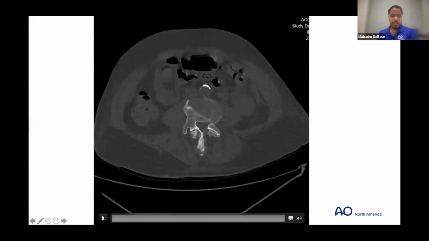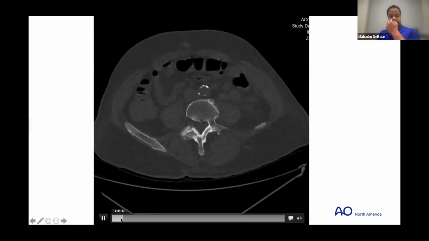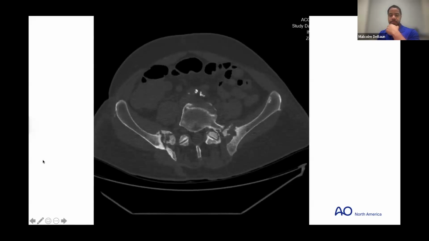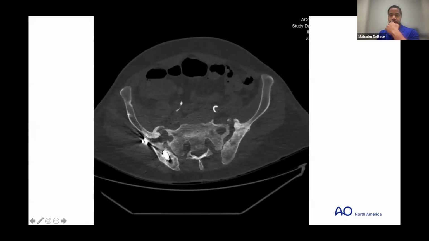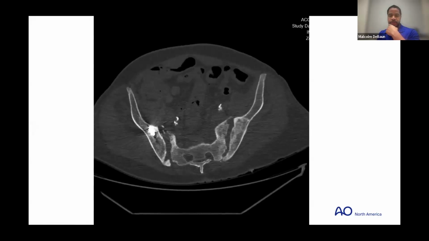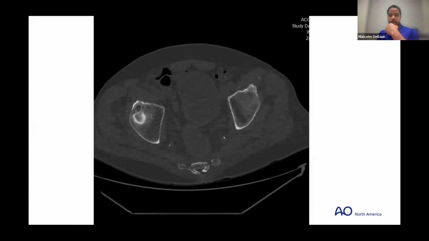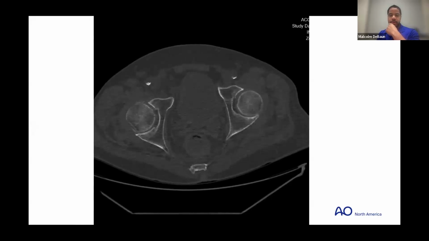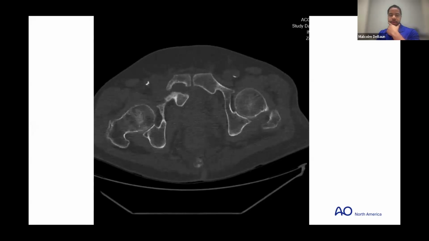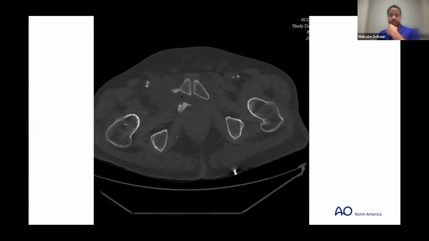And we'll roll through his CT scan here for everybody to get acclimated. So some pretty severe bone destruction and instability globally around the pelvis with an anterior obturator ring non-union there.